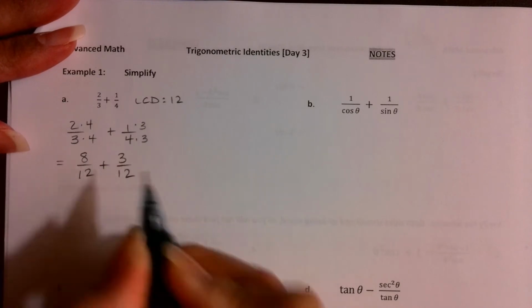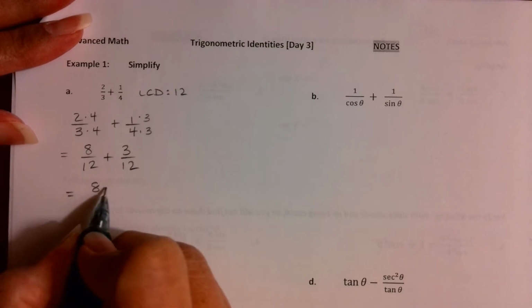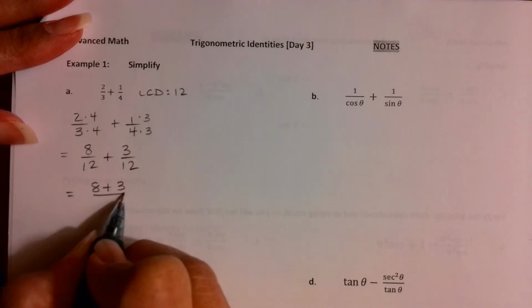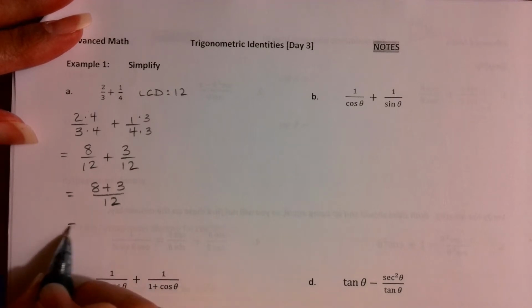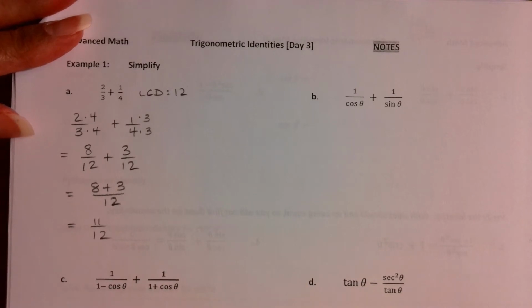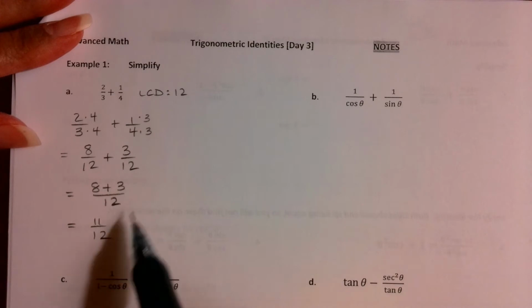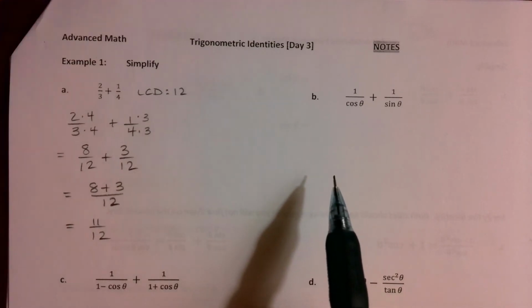And now that we have common denominators, we are able to combine these fractions to end up with one fraction of 11 12ths. So the method that you have done in this problem translates into our trig functions when simplifying.